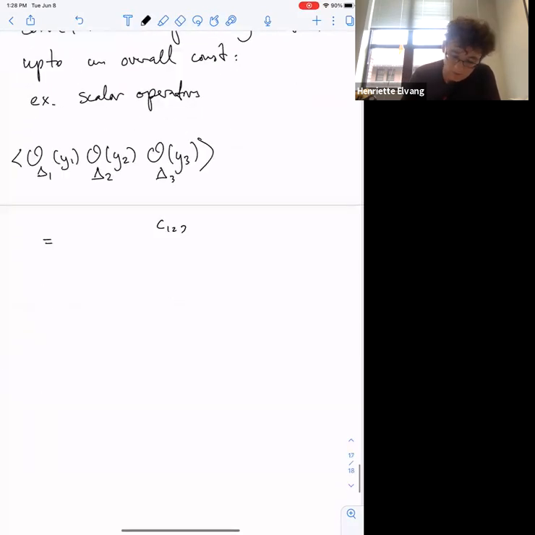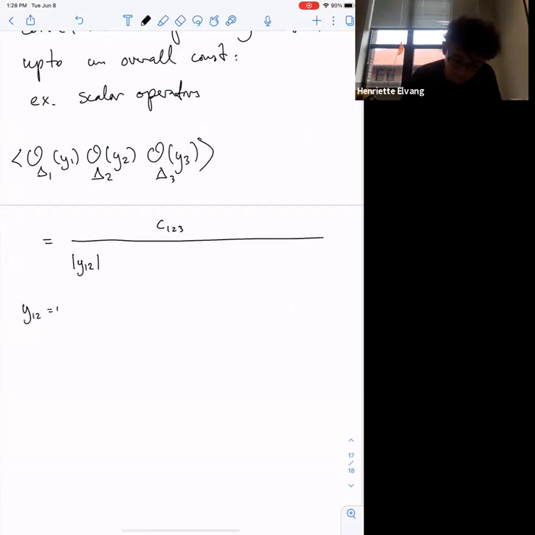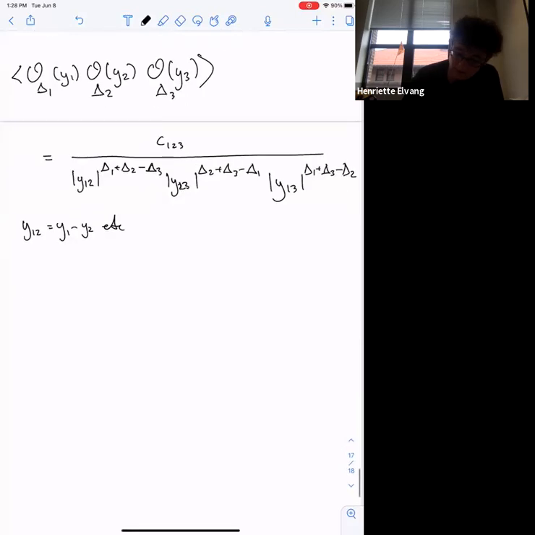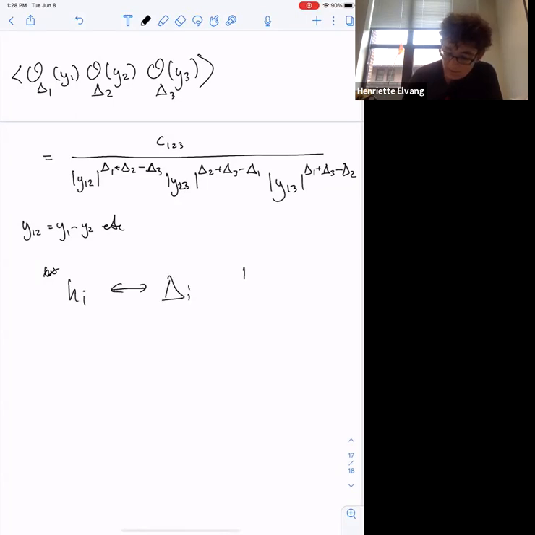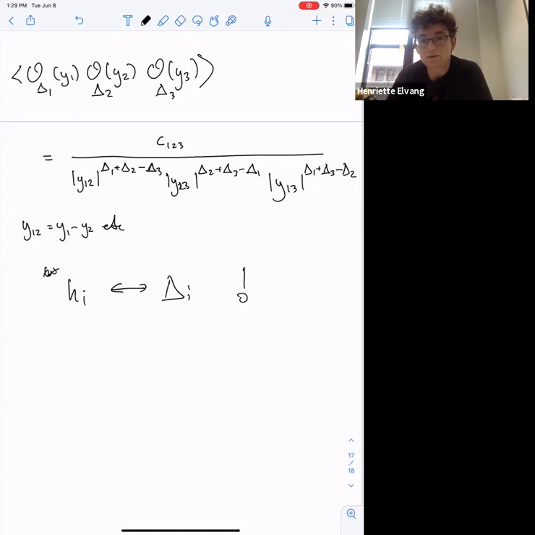Give me more room. Okay. So this is the difference between point 1 and 2 to the power of delta 1, the scaling dimensions of these operators, and you can see that this is exactly parallel to the case that we saw, but now with the helicities playing the role of the scaling dimensions, and the difference between points of insertion being the angle brackets or square brackets.